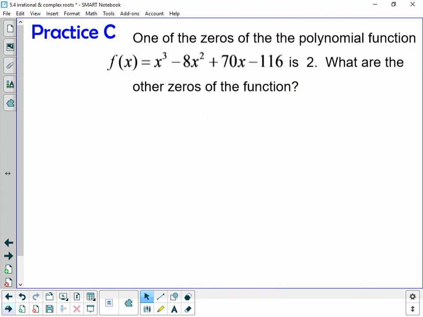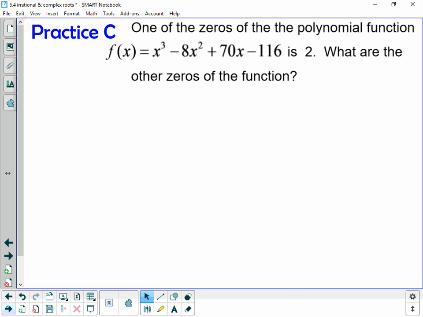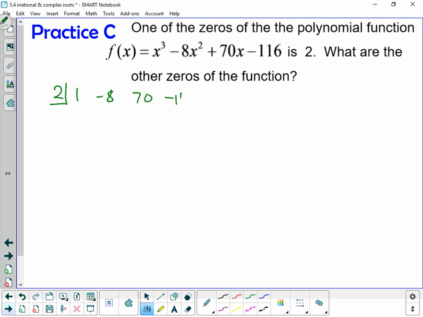Okay, let's try another one of those. One of the zeros of the polynomial function f of x is 2. What are the other zeros of the function? Well, it gives us the first zero, 2, and we can use that to divide and get the other 2.